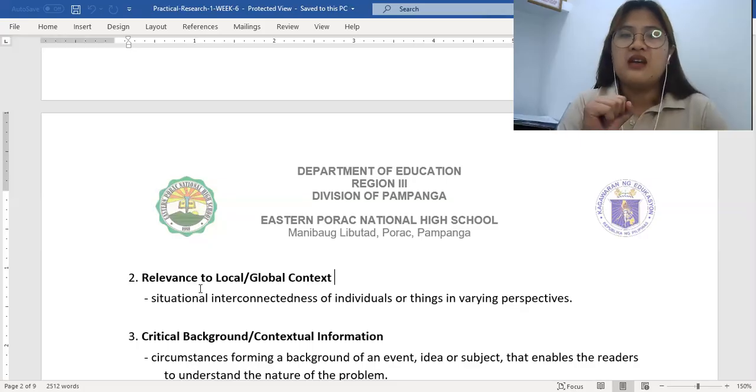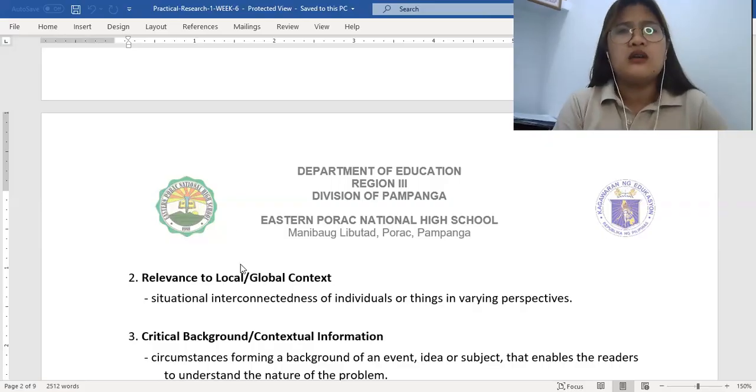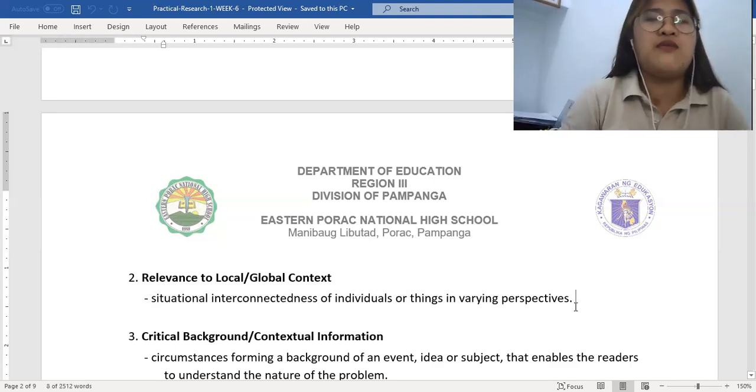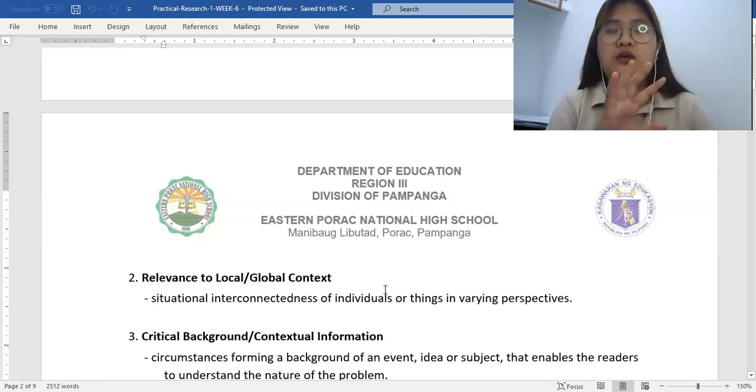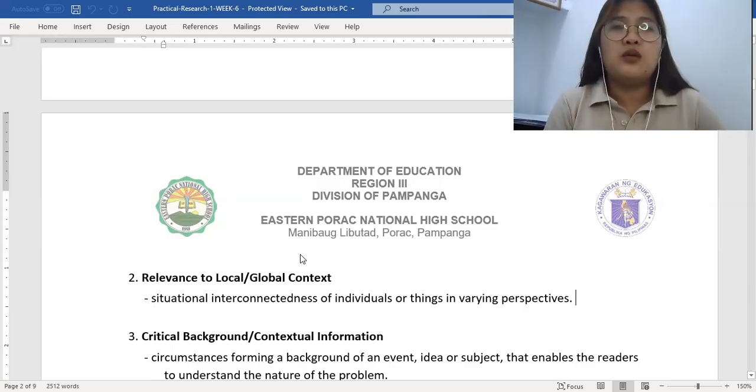Or yung global context, they would know, people in general, everybody's affected by the pandemic. So the pandemic is a global concern. So your paper can serve as an input on that particular topic regarding the pandemic. Okay? So interconnected kasi tayo. So as I've mentioned earlier, kailangan mo i-consider gaano ba ka-importante ang topic mo, hindi lang sa'yo, kundi sa local community, and sa global context.